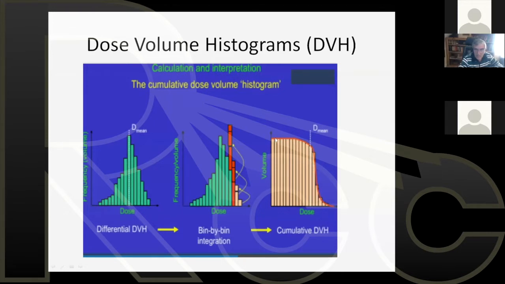A dose volume histogram, you want to have it flat across the top, and then you want to have it fall off sharply as your PTV goes into normal tissue. So a good dose volume histogram for the cancer would be flat across the top, falling off sharply, and trailing off.